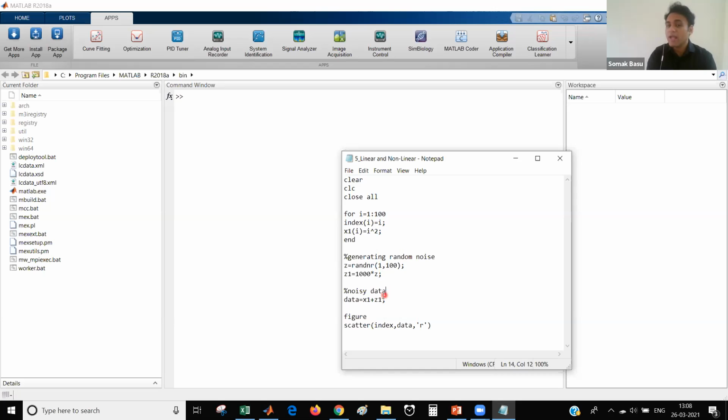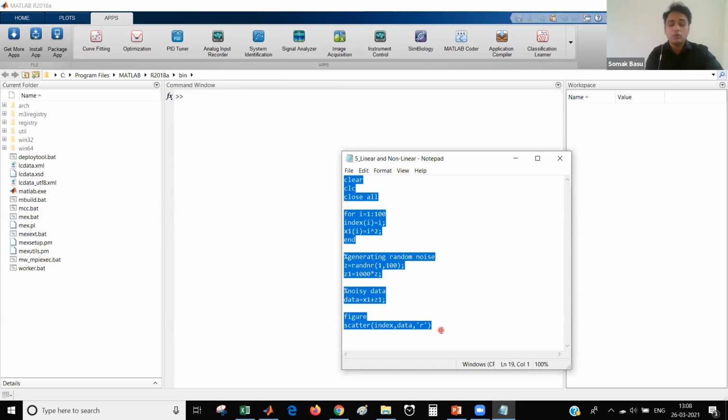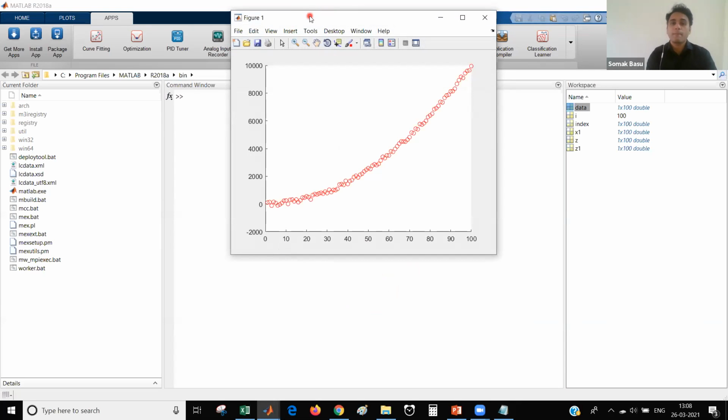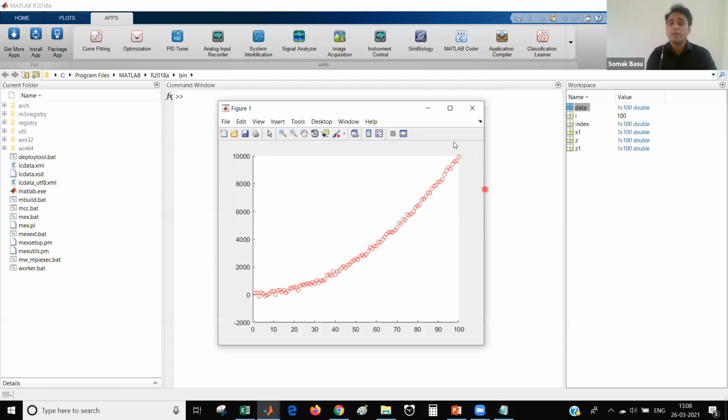And I'll add this noisy part to the data. So the data is x square for x equal to 1 to 100. So this is a square function. Then we'll add some noise to the data, some random disturbances, and let us see how the data looks. This may be like real-life data.